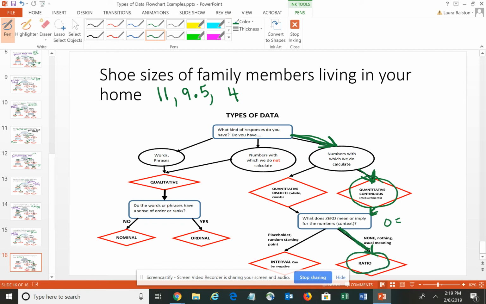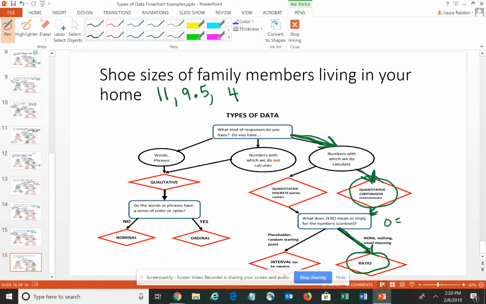Okay, but an argument could be made. Some people might say, well, it's just a label, which makes it qualitative, and it's ordinal because there is a sense of order to the shoe sizes. One size 4 is definitely smaller than 9.5. So sometimes you have data that's in a gray area, and then you just choose which one you think is best, and be ready to defend that, or say to somebody, well, here's why I think this is the case.